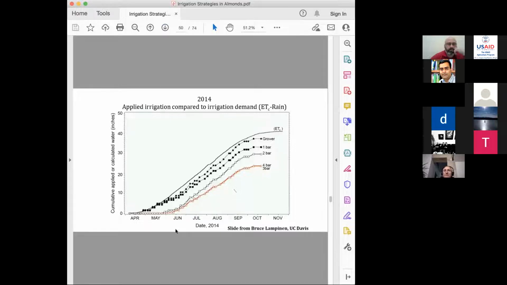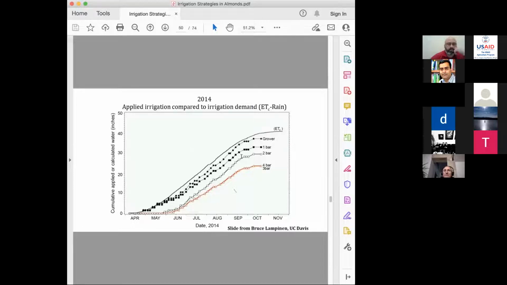Okay, so this is a slide from the work of Dr. Bruce Lampinen at UC Davis. On the y-axis, we have the cumulative applied or calculated water in inches of water. We can do a quick calculation in megaliters.